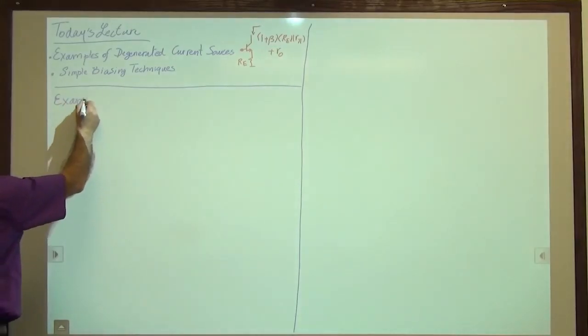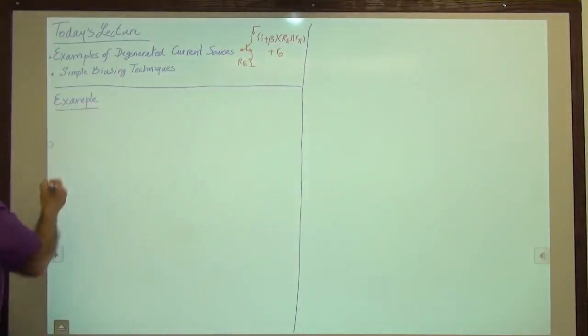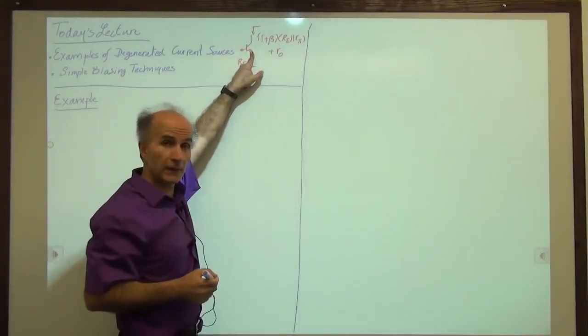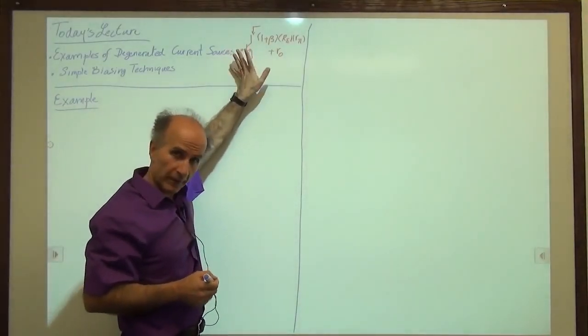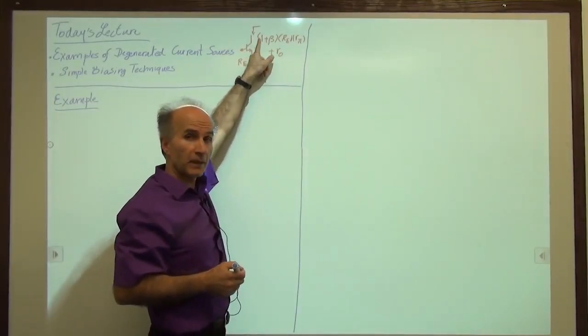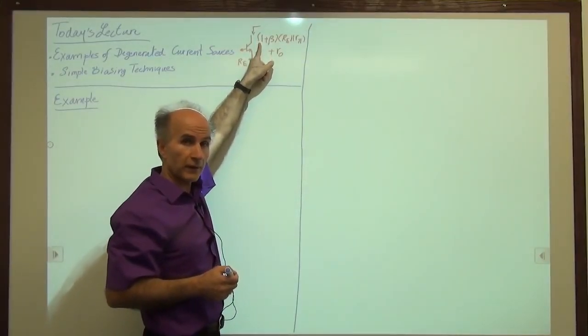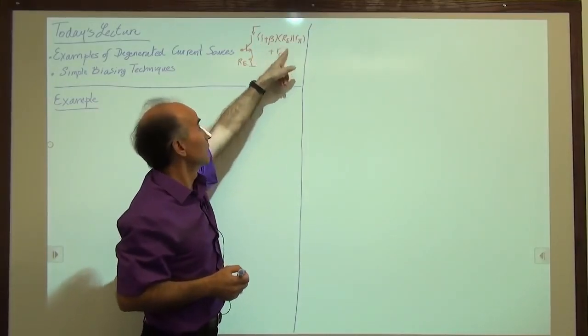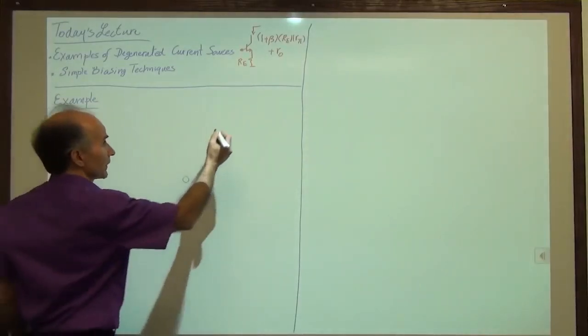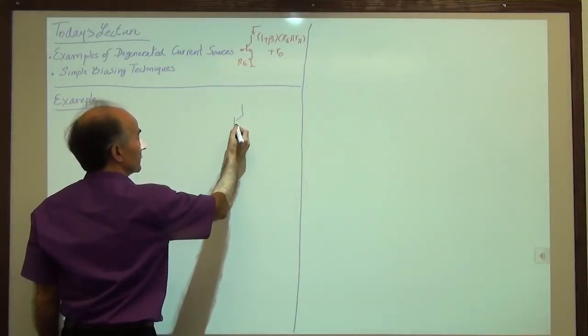So one example is this. Again, I remind you that if we have a bipolar transistor, properly biased of course, and we add some degeneration, then the output impedance of the current source is no longer just rO, but this overall expression. So here's a little circuit that I have cooked up for you.